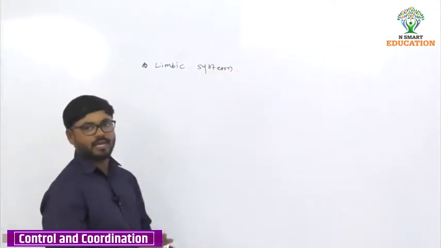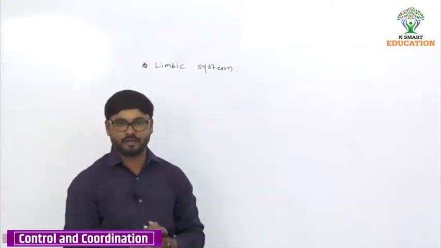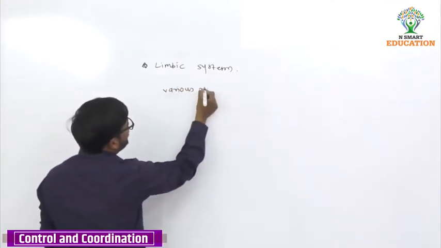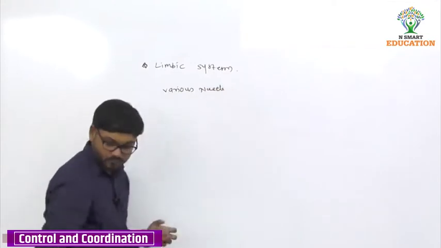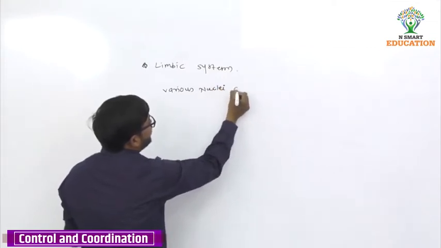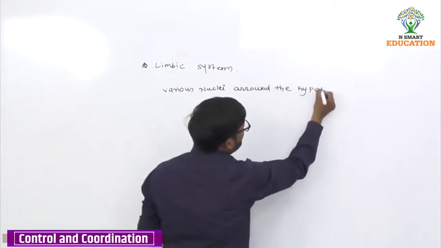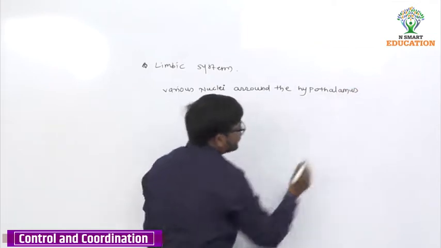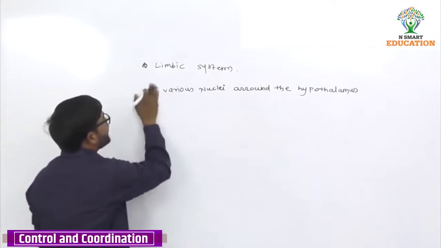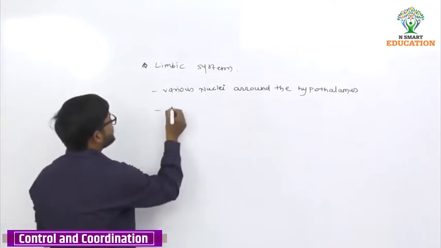We have seen the hypothalamus; around the hypothalamus some nuclei are present. Various nuclei around the hypothalamus. Limbic system is also called the emotional brain.